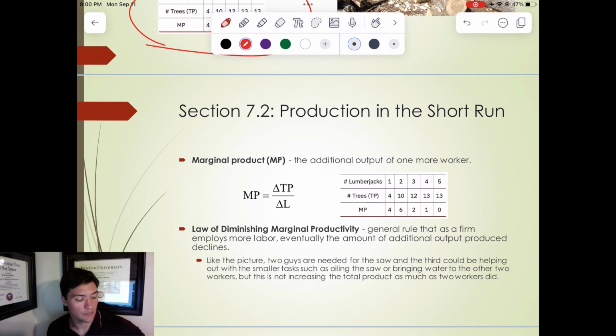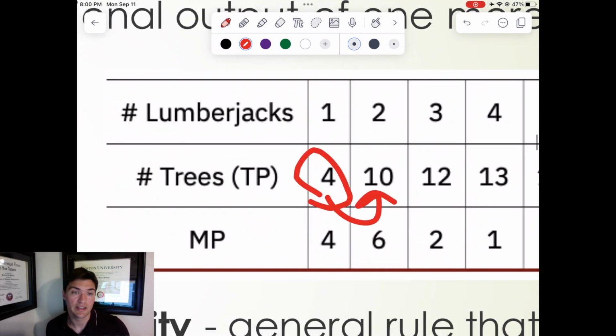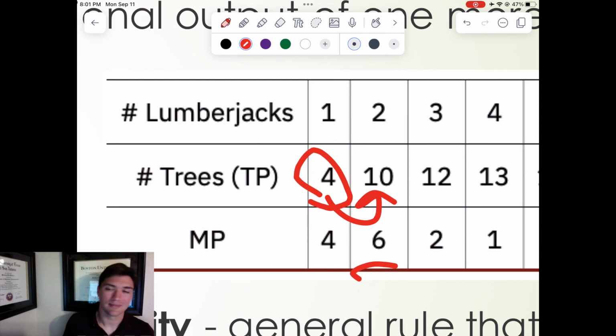So we went from 4 to 10. Because we hired the second person, we can now make 6 more trees. That's how the marginal product works: what is that next person doing? You used to do 4, but now we are doing 10. So that's a marginal product of 6.